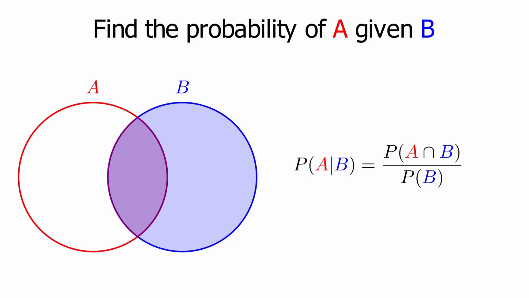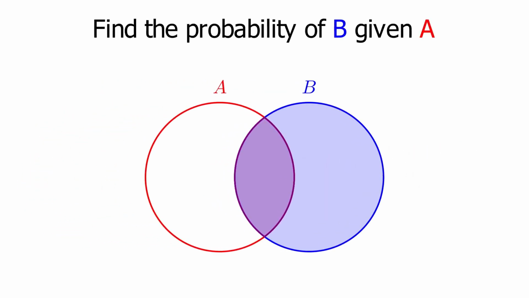Now, alternatively, we may see it worded like this, where it says find the probability of B given A. And instead of our sample space being narrowed down to B, this just means now our sample space is narrowed down to everything in event A. So to visualize this, A would be shaded, and then of course to find everything in B, well, that would just also be the intersection of A and B, okay?